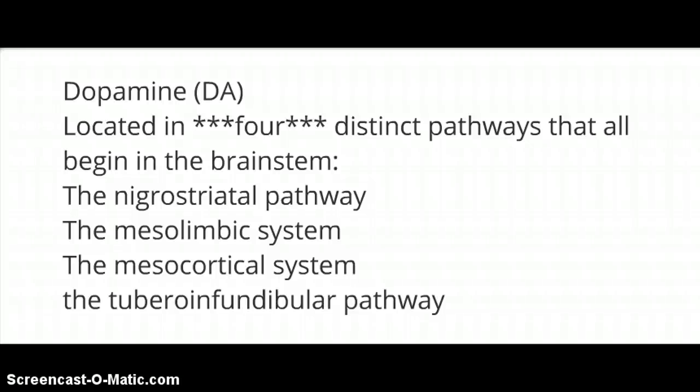There's lots of different pathways for dopamine. The one that I'm really concerned about is this one here, the mesolimbic system. We'll talk about that a lot in the class. That's the central reward pathway in your brain. So that starts in an area of your brain called the ventral tegmental area up to the nucleus accumbens.